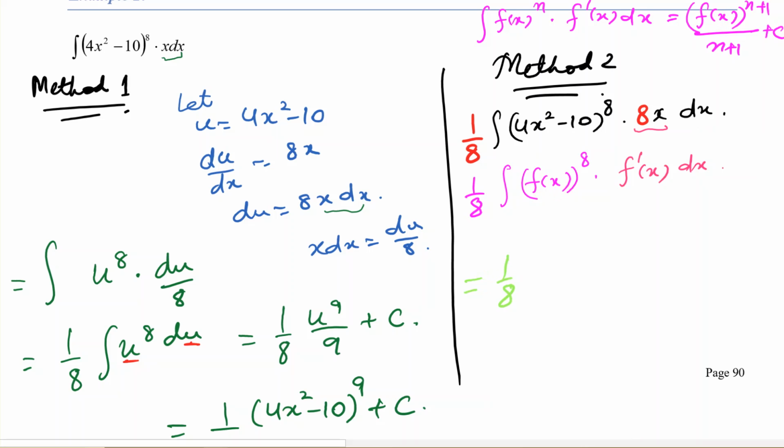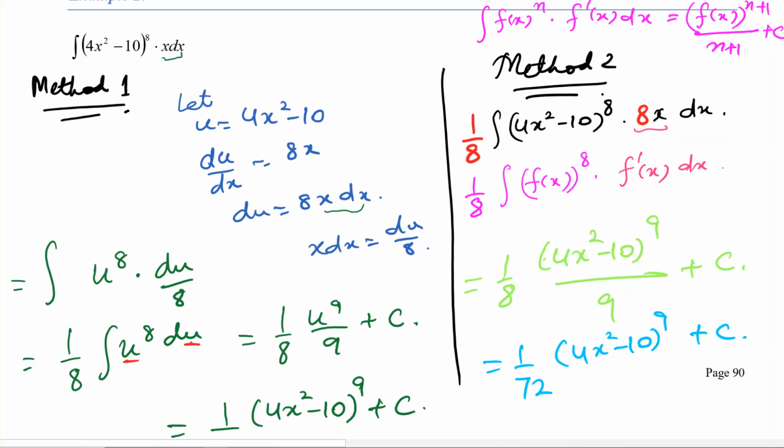Using this formula, we have the function raised to power 8, so we increase the power of the function by 1. So (4x squared minus 10) raised to power 9 over 9 plus c. So overall we get 1 over 72 times (4x squared minus 10) raised to power 9 plus c.